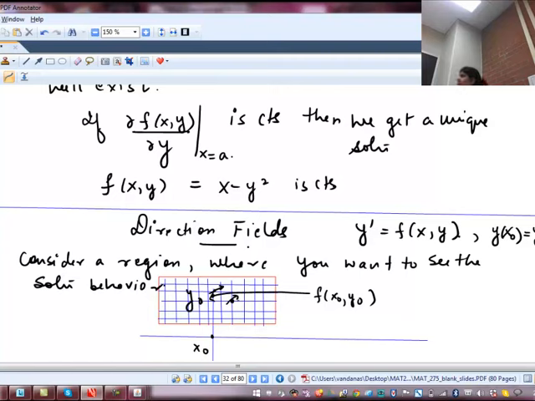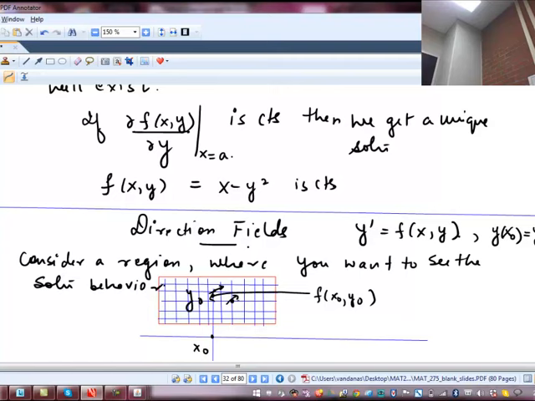so if we try to understand what we are doing at the point where we want to understand the solution curve, we start at that point, we place a grid at that point, and locally I want to understand my solution. I will place a grid at this point, and everywhere I will find the slope, and then I will draw these tiny line segments, whether they go like this or like this.